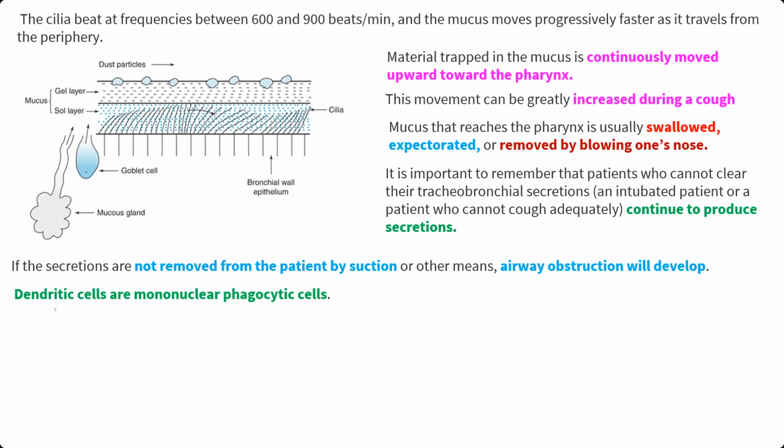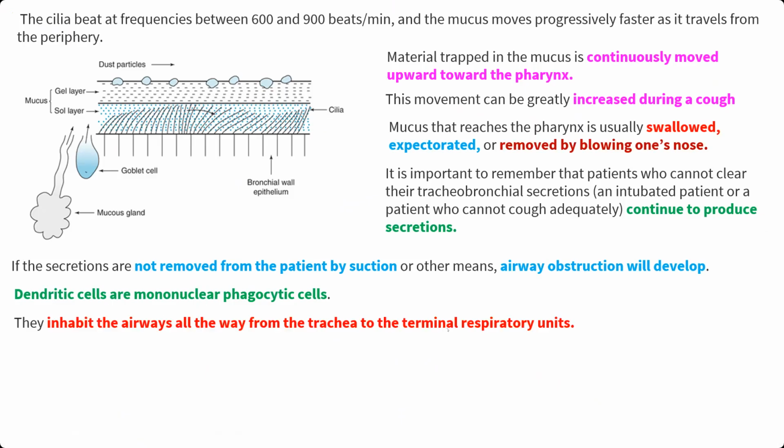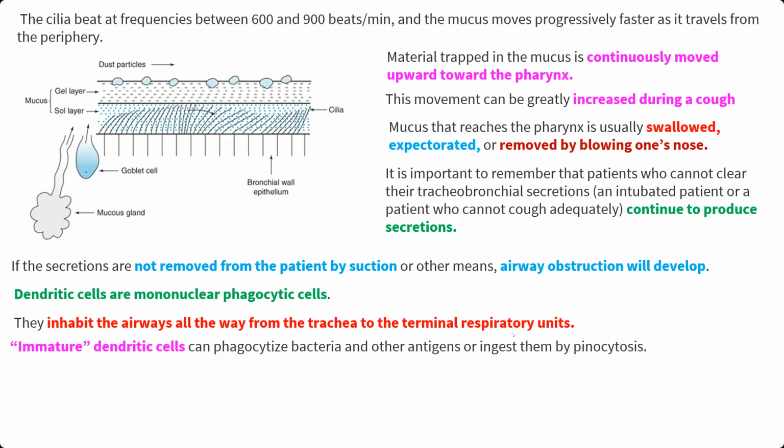And there are some cells called dendritic cells or mononuclear phagocytic cells, and they are spread all over the airways from the trachea to the terminal respiratory units. When they are immature, they do phagocytosis of the bacteria or other antigens that are entering our respiratory tract.